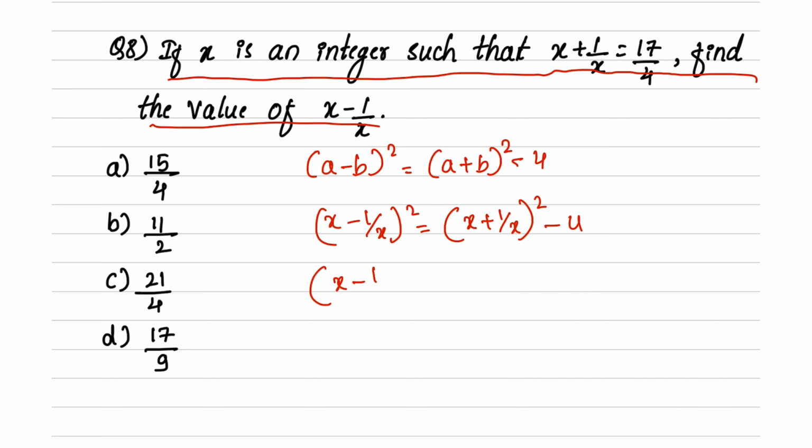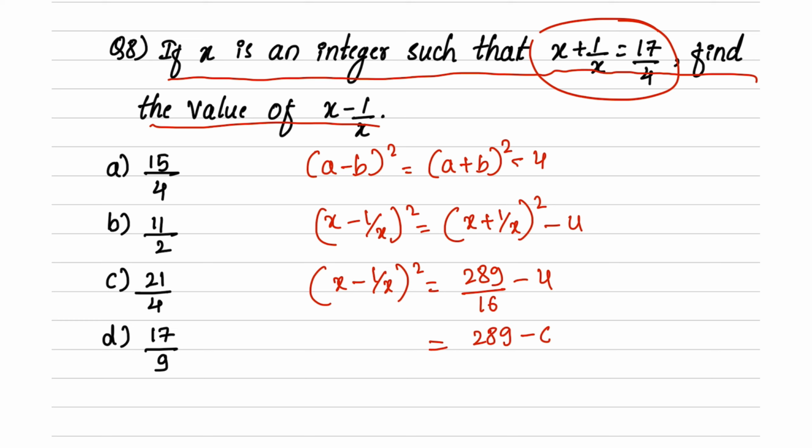So x minus 1 by x whole square equal to, x plus 1 by x is 17 by 4, so 17 square is 289, 4 square is 16, minus 4. If you take the LCM, it will be 289 minus 64 by 16, which will be 225 by 16.